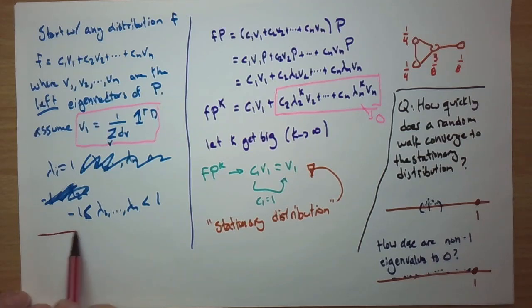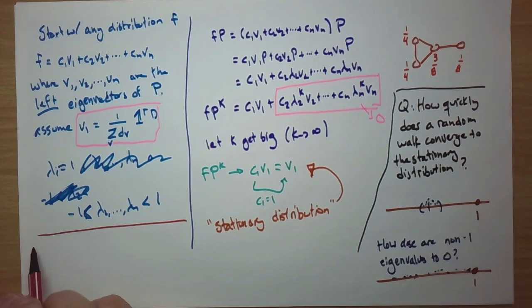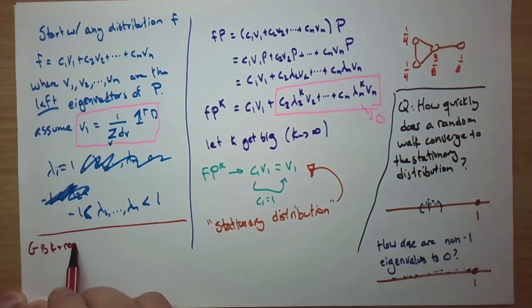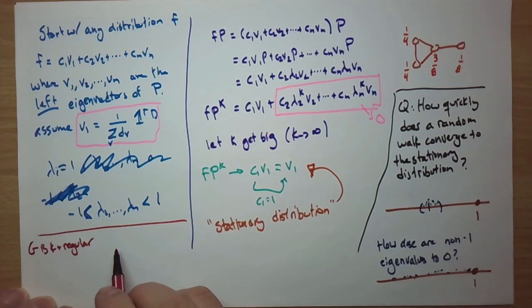Now you're probably saying, but Steve, we haven't done any eigenvalues for these weird matrices. I'll give you a hint. If our G is K-regular, in other words, all vertices have the same degree K, then what does P look like?